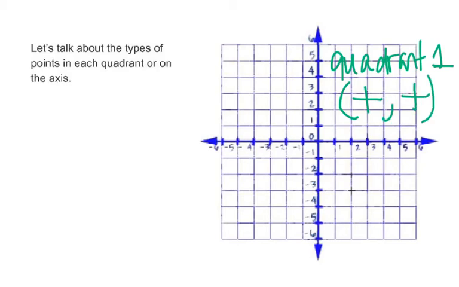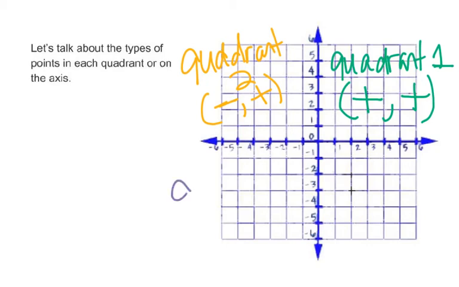The x values in quadrant 1 are along the positive x-axis and the positive y-axis. Let's think about quadrant 2. In quadrant 2, look along the x-axis, those numbers are negative, and on the y-axis in that section, the numbers are positive. So in quadrant 2, your x will be a negative number and your y will be a positive number.